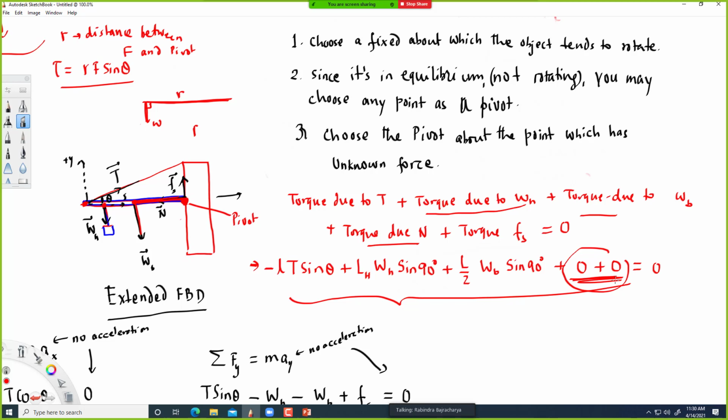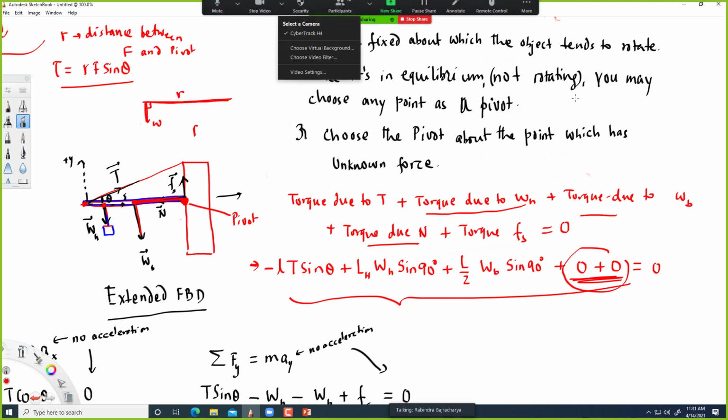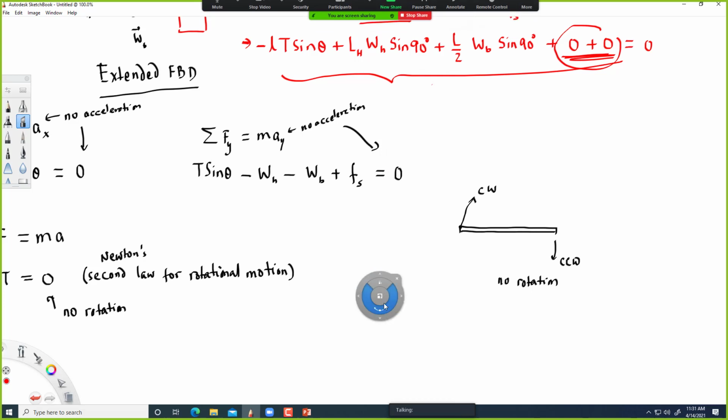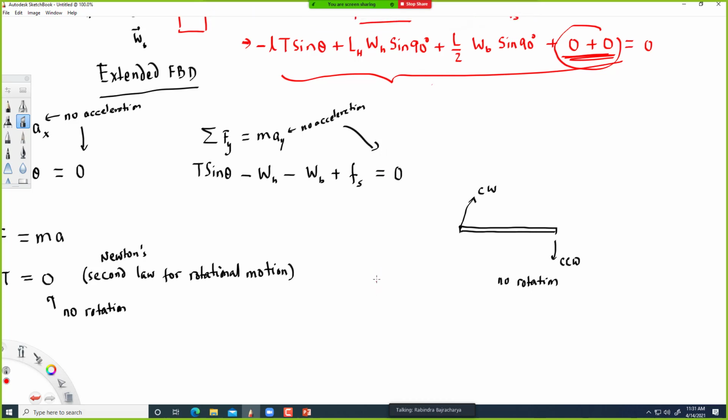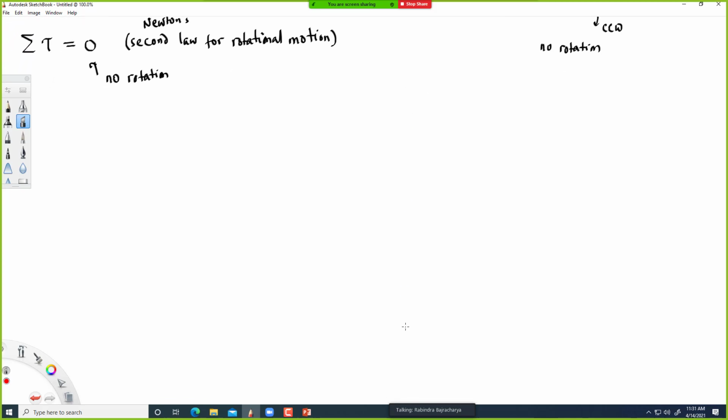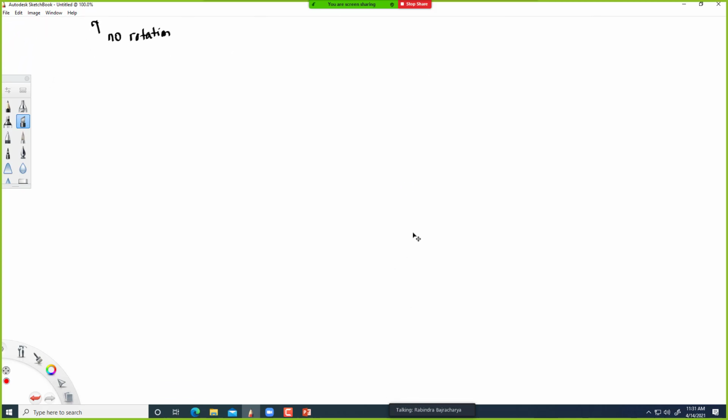Now let's look at some of the problems, and that will make things more clear. Since you are looking at this kind of problem for the first time, it may be a little bit confusing, but if we look at a problem, that will make things more clear. So let's look at number 4. There is a ladder resting on a wall.